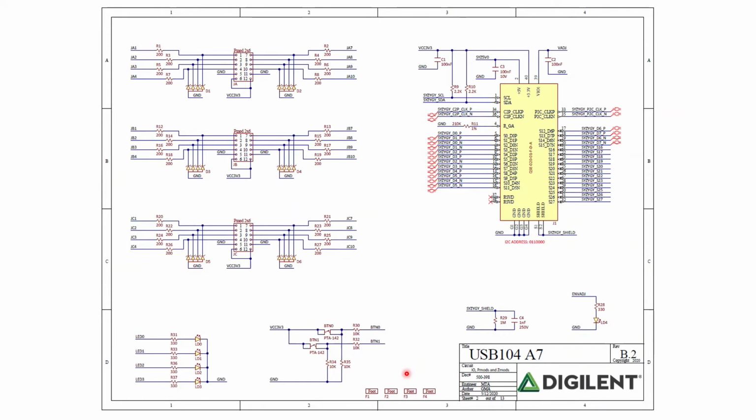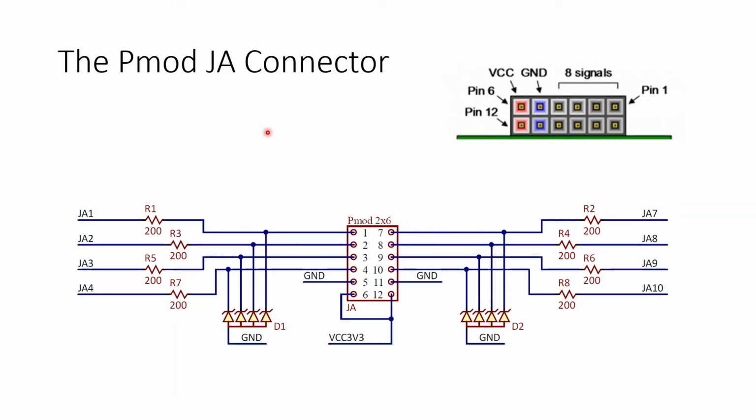Moving forward, we have the schematic of the Digilent USB 104A7 FPGA development board. This schematic section shows the PMOD interfaces. We'll zoom in a bit, and we have the PMOD JA connector.